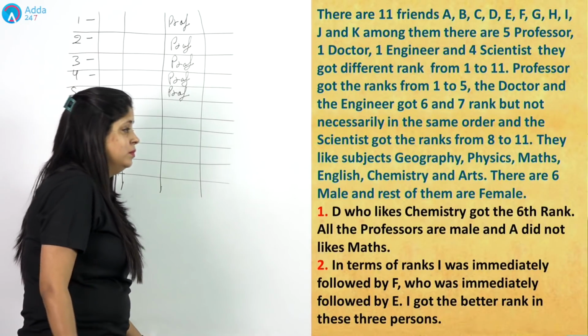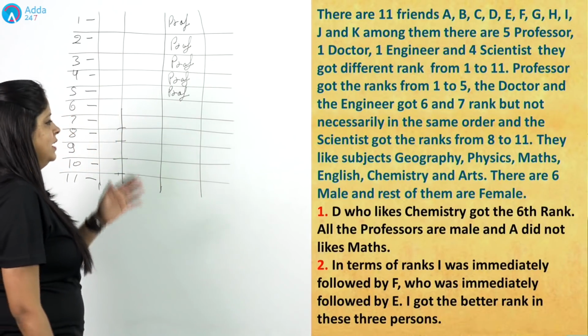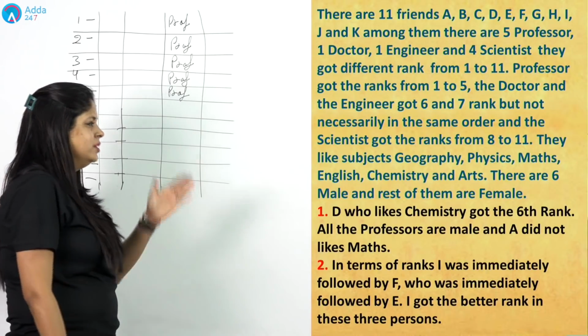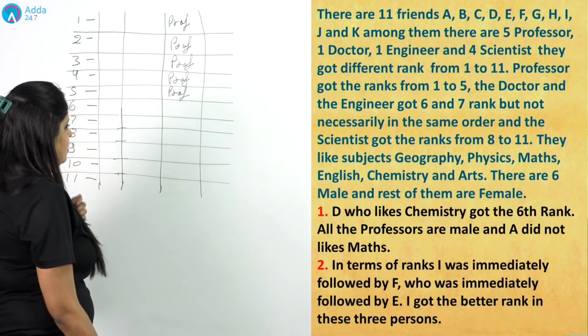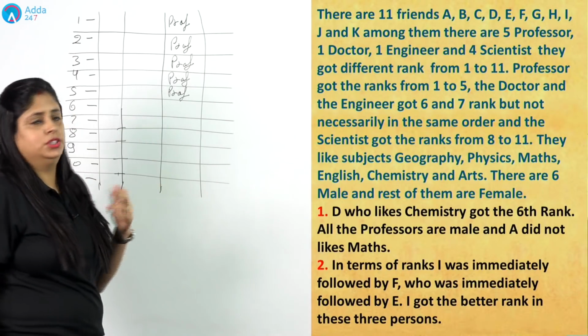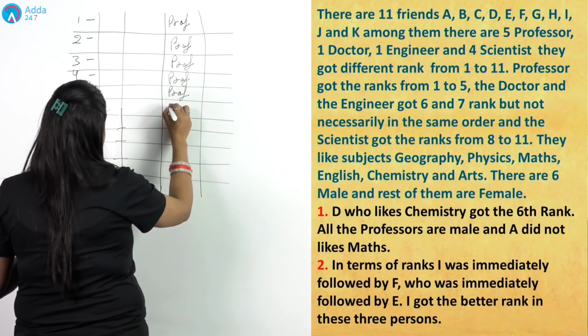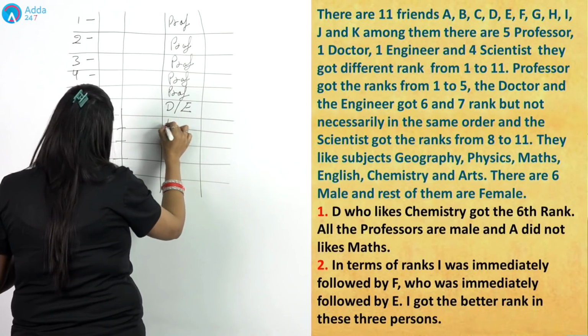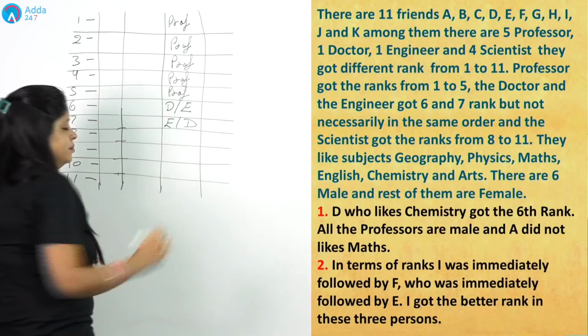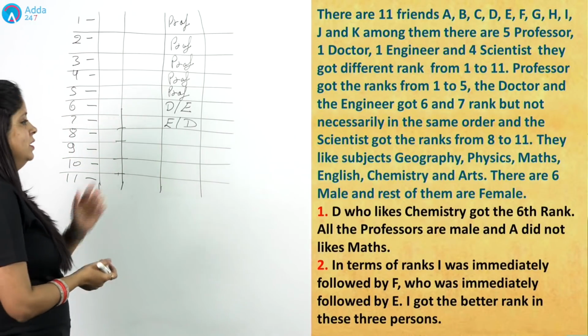Further, one more piece of information is associated with that, and that says the doctor and the engineer got 6 and 7 rank respectively. But what is the challenge? Right now I am not sure about the order. So what I would prefer is doctor/engineer, and in 7th rank E/D. Okay. Now let's see the next one.